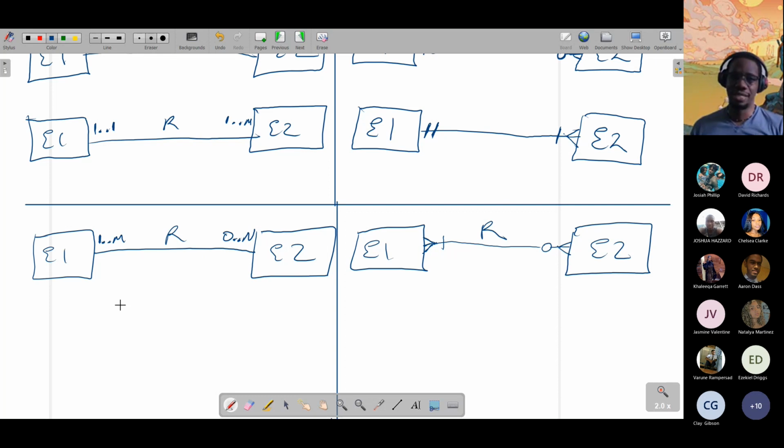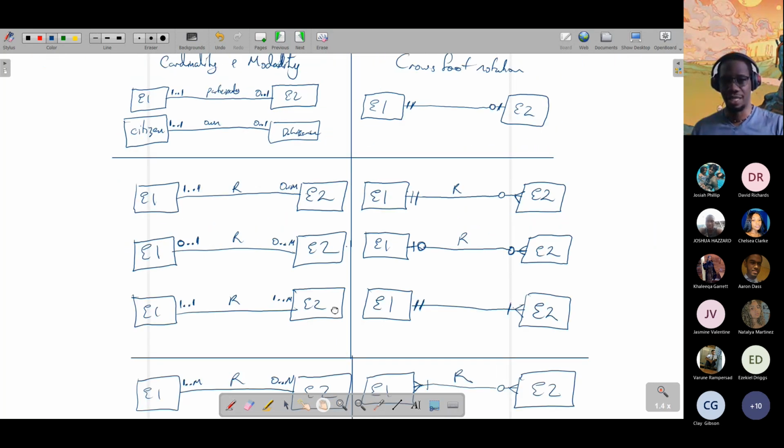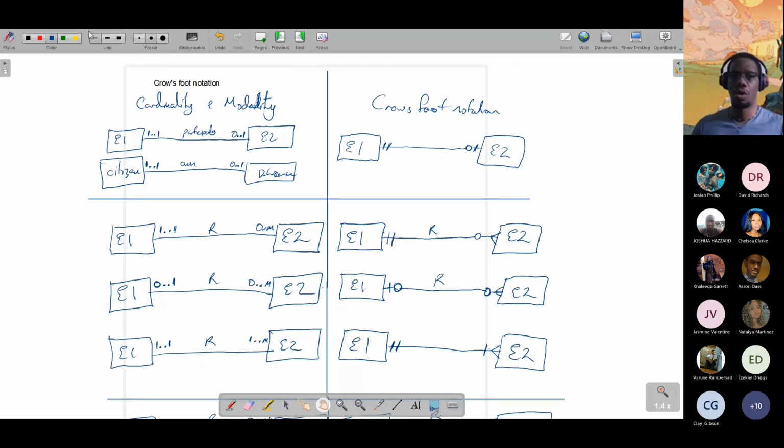Do we have any questions so far? We're going to do an example. But any questions so far on representing as crow's foot or using cardinality and modality like this? I will go so far as to say whichever one you are more comfortable with, you can utilize.